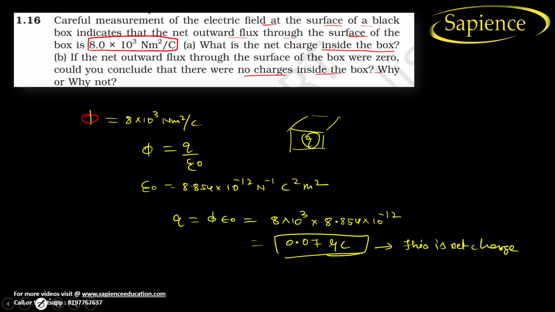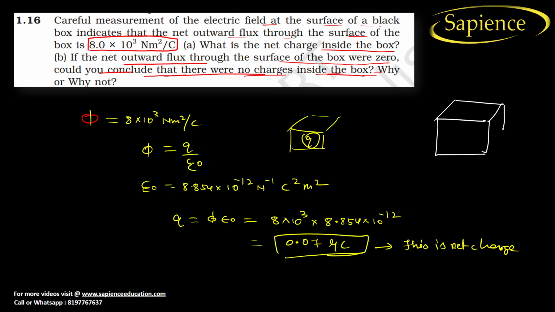Now the second part of the question, they are saying that if the net outward flux through the surface of the box were zero, could you conclude that there were no charges inside the box? So let us suppose there is a box. See what happens.